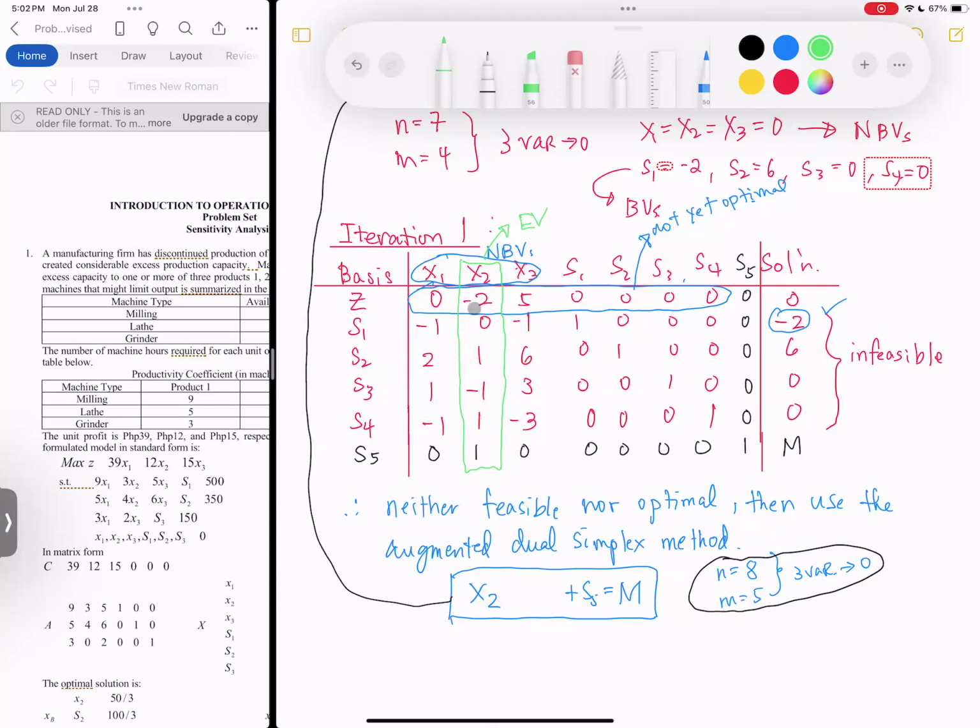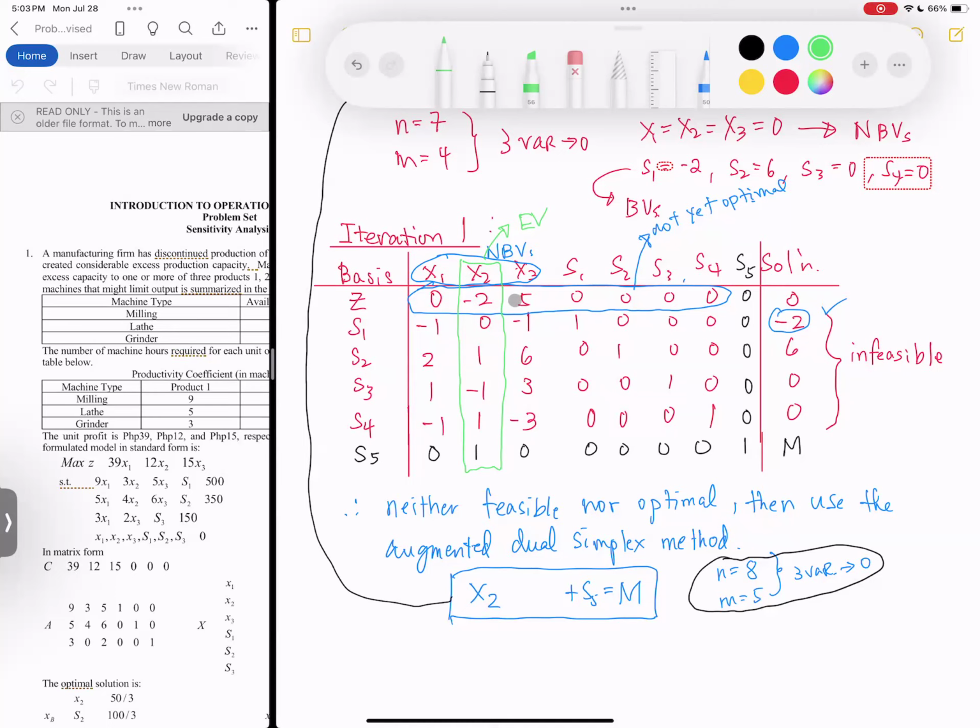And in choosing the entering variable, you still go with our rule. Our rule is still, for maximization problems, you choose the most negative as your entering variable. Again, that's for standardization. Although any of the negative coefficients can be chosen as entering variable, all of us will choose the most negative as entering variable.